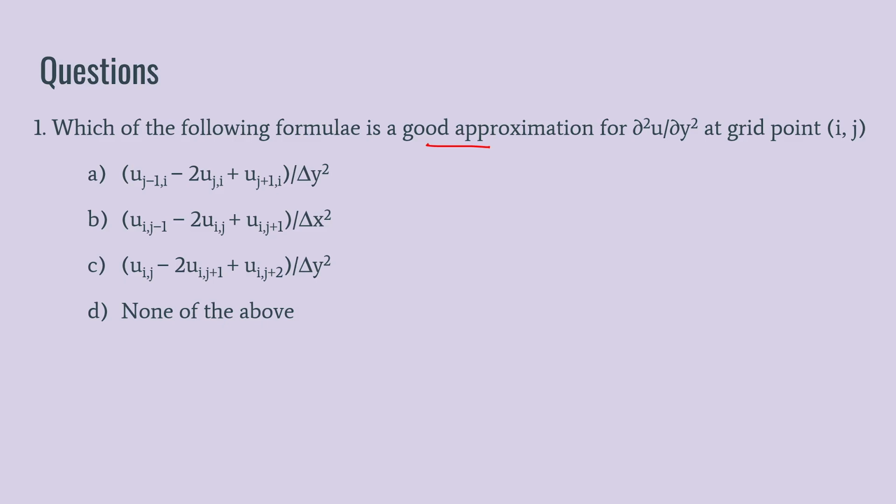Option C: u at i,j minus 2 times u at i,j+1 plus u at i,j+2, the whole divided by Δy, the whole square. And option D, none of the above. So the question is on how to discretize or approximate our partial differential equation to a linear equation.